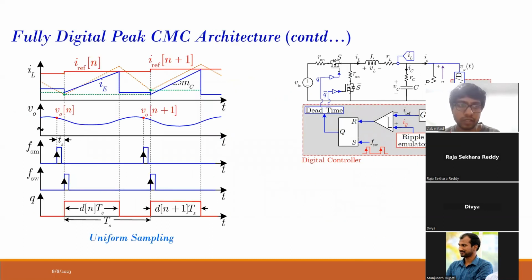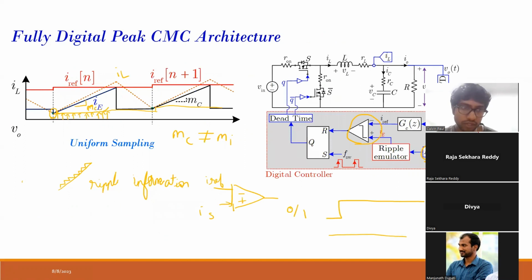Okay. Now, one important point which you must understand is there is always an ADC conversion delay. That ADC conversion delay is always there. That is one of the challenges in digital control which we want to overcome. Now we have understood that we will take a sample of the inductor current and then we will add a slope to emulate the inductor current's ripple information.